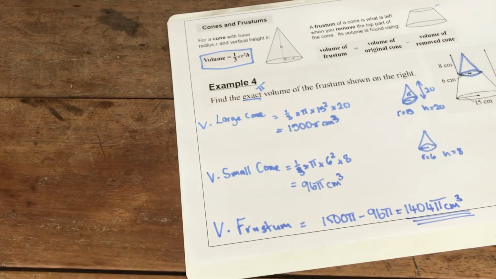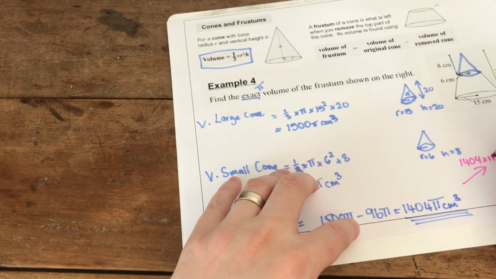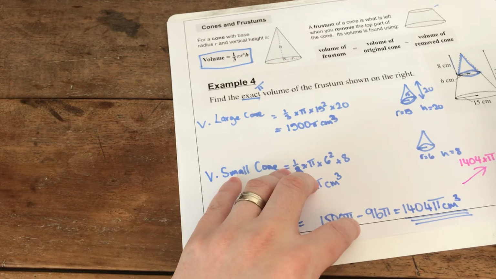Now, some of you might be wondering how I would turn that into a decimal. If you were wanting to turn that into a decimal, you could say 1,404 times pi on your calculator, and what comes out would be the following number, 4,410.796.